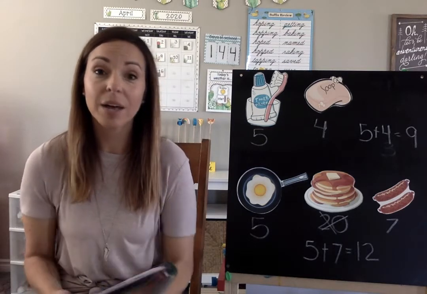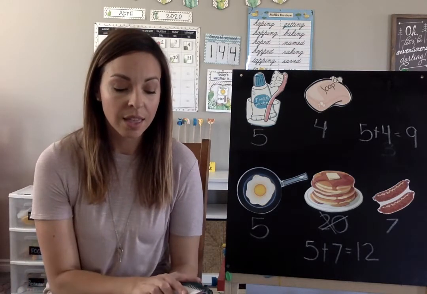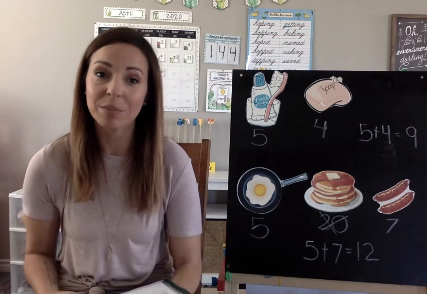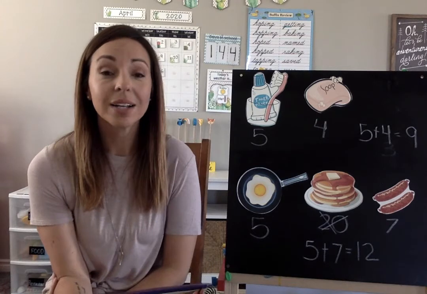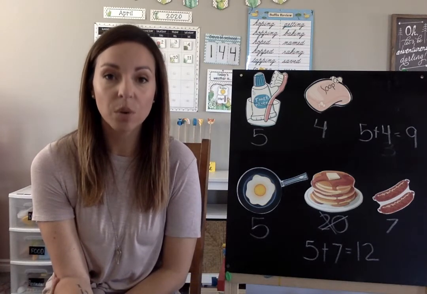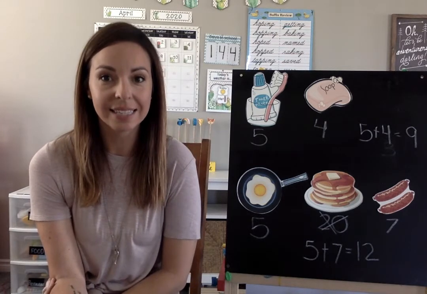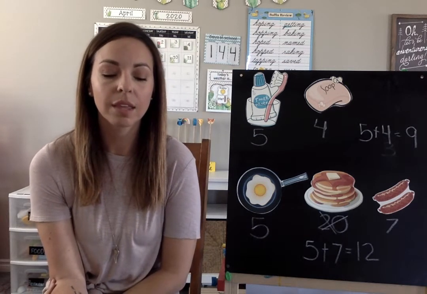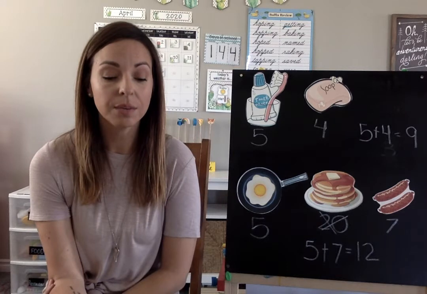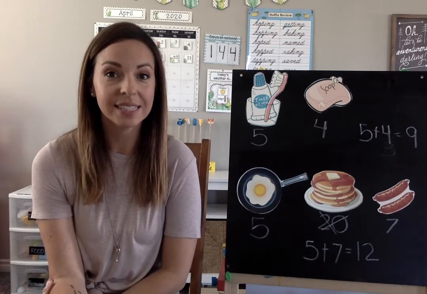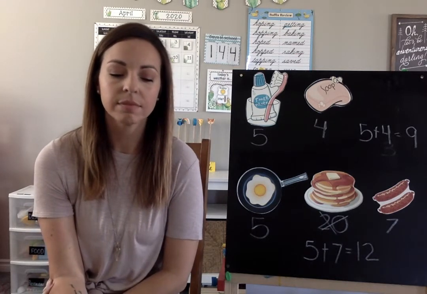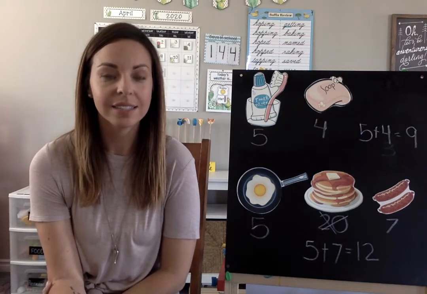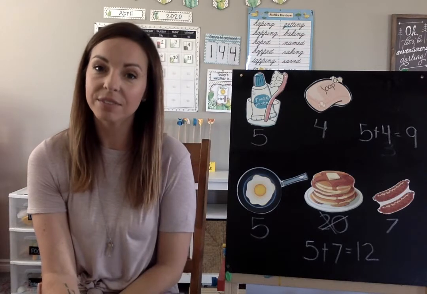Okay, so let's look back up at number 1. I'm going to give you the combination, and then you are going to write the answer in the box. Box A, 4 plus 8. Box B, 11 minus 7. Box C, 10 minus 5.